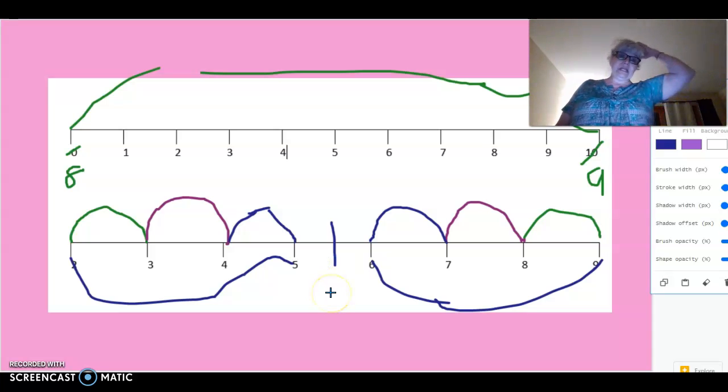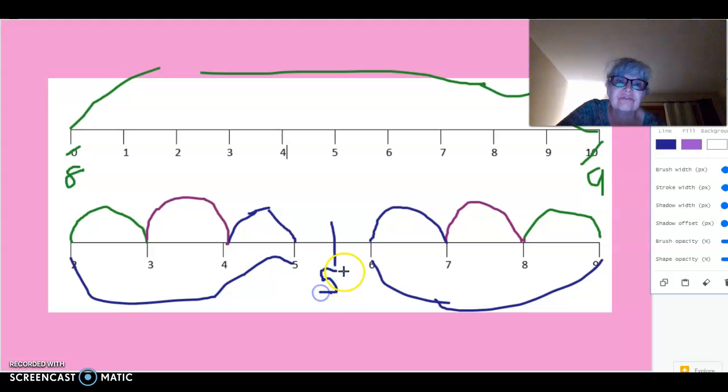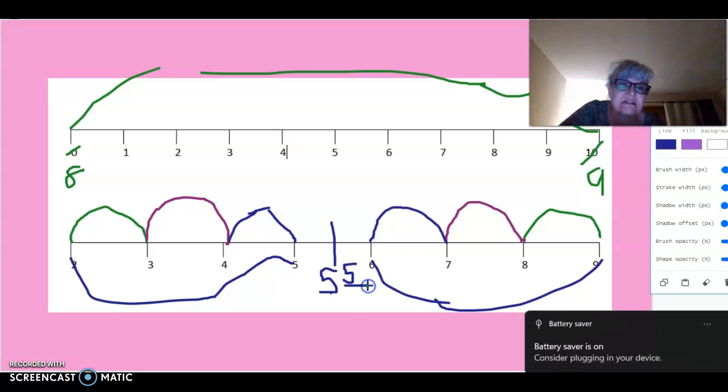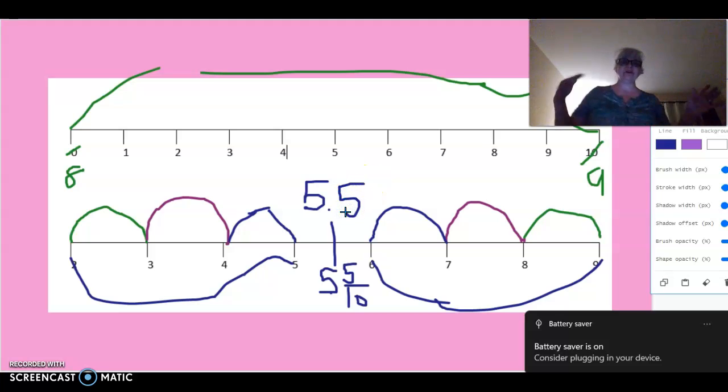And we know that that's going to be 5 and 5/10 if we're counting in decimals. Or it's going to be 5 what? 5.1? No, 5.5. Okay, so it's going to be 5.5, and that's where they're going to meet in the middle.